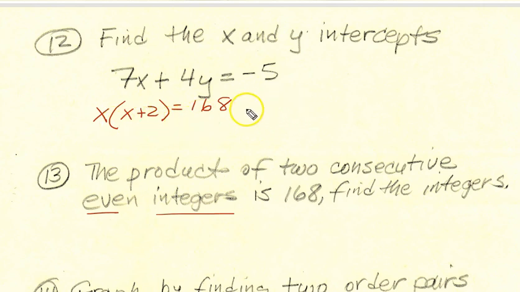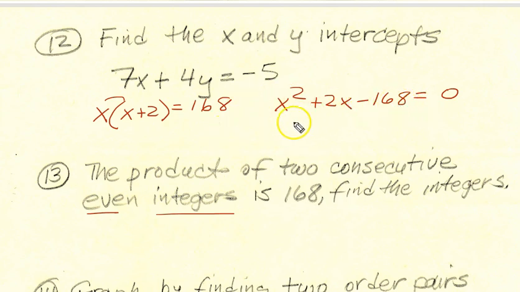So we've done things like this before. We get x squared as we distribute plus 2x, and then we transpose the 168 to the other side and put it in standard form of the quadratic equation.